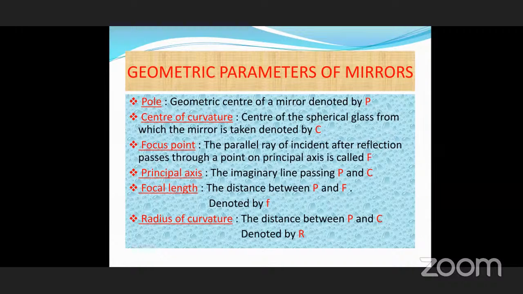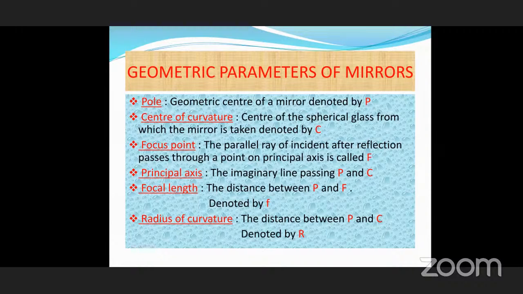How much curvature is it? So the radius of curvature is the distance between P and C. The imaginary line joining P and C is called the principal axis. Okay, don't confuse. That is the only line. The principal axis means the imaginary line. In general, while drawing ray diagrams, we take this as a reference line. Whenever an object is placed, you have to place the object on the principal axis.